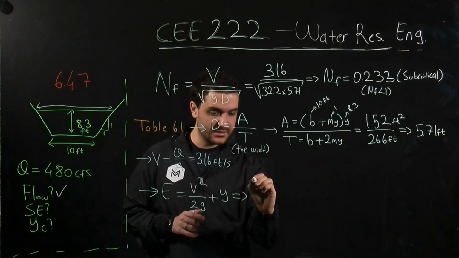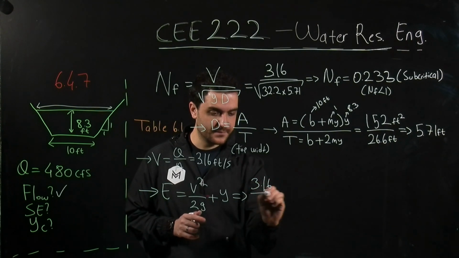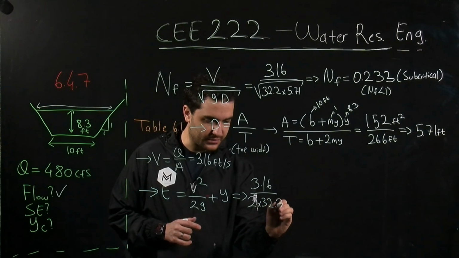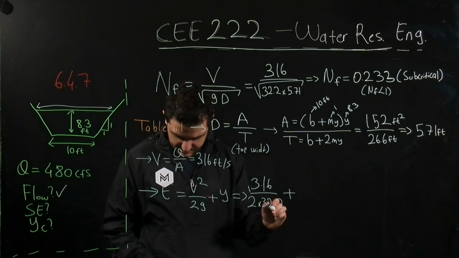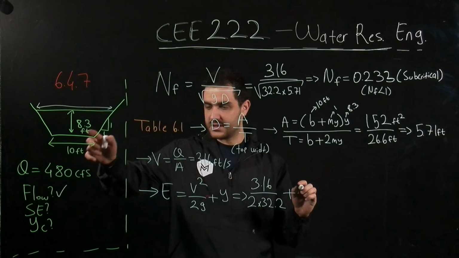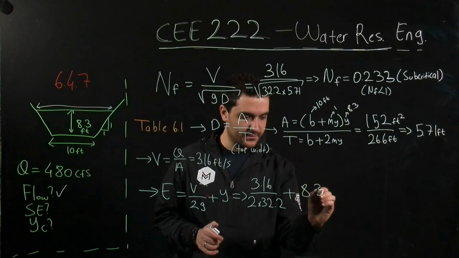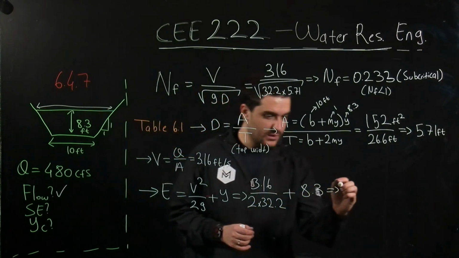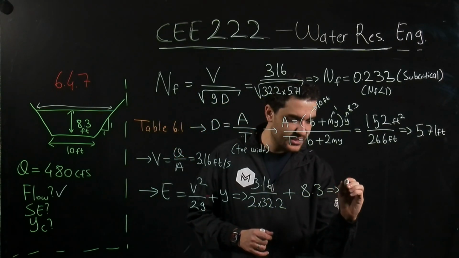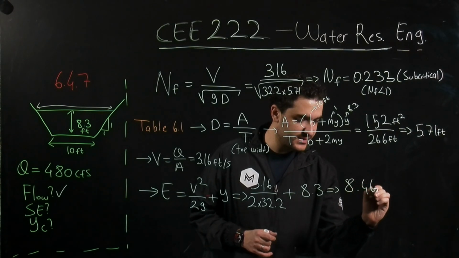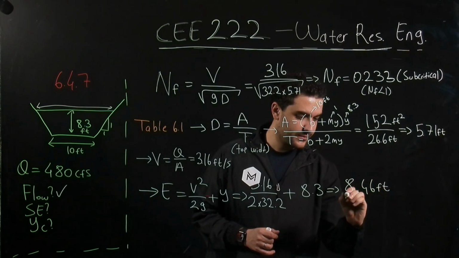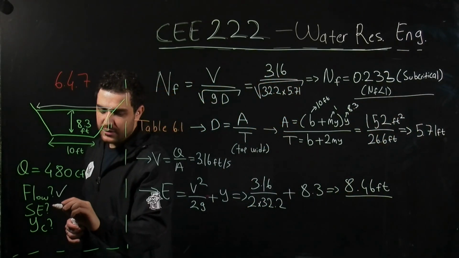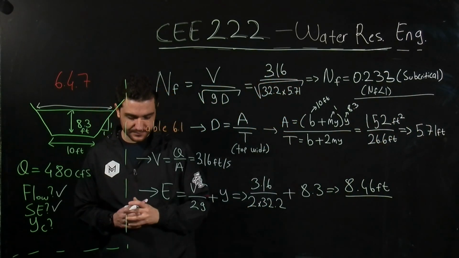The velocity is 3.16, squared over 2 times 32.2, plus y, which is 8.3. And this gives the specific energy as 8.46 feet. And we calculated the specific energy here.